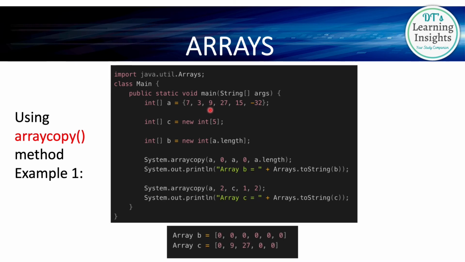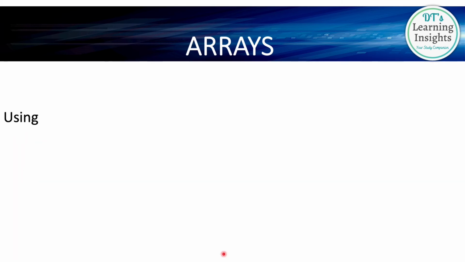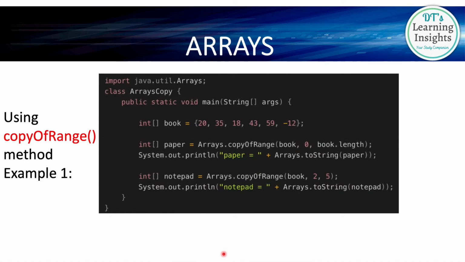Here we have the output, and you can look at the difference. If you have noticed one thing, you can see that the default initial value of elements of an int type array is 0.